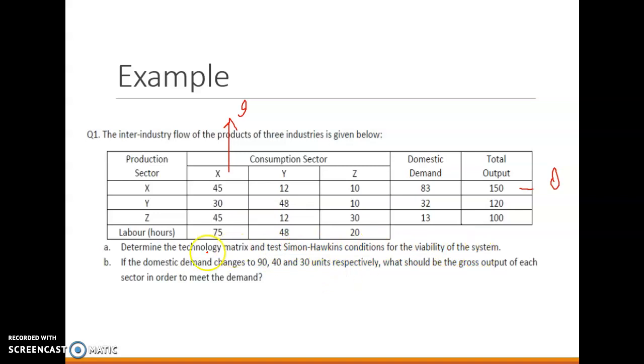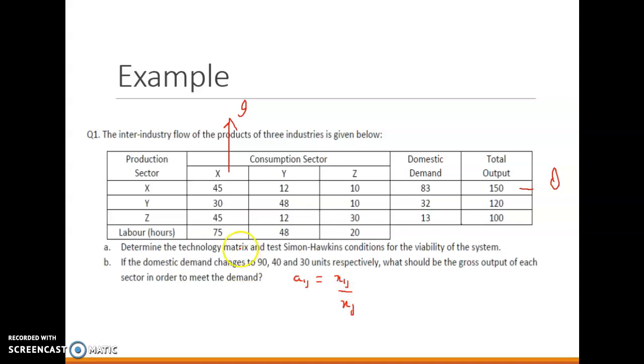The question says: determine the technology matrix and test the Hawkins-Simon condition for the viability of the system. For the technology matrix, or the input output coefficient matrix, we have one formula: Aij equals Xij divided by Xj.